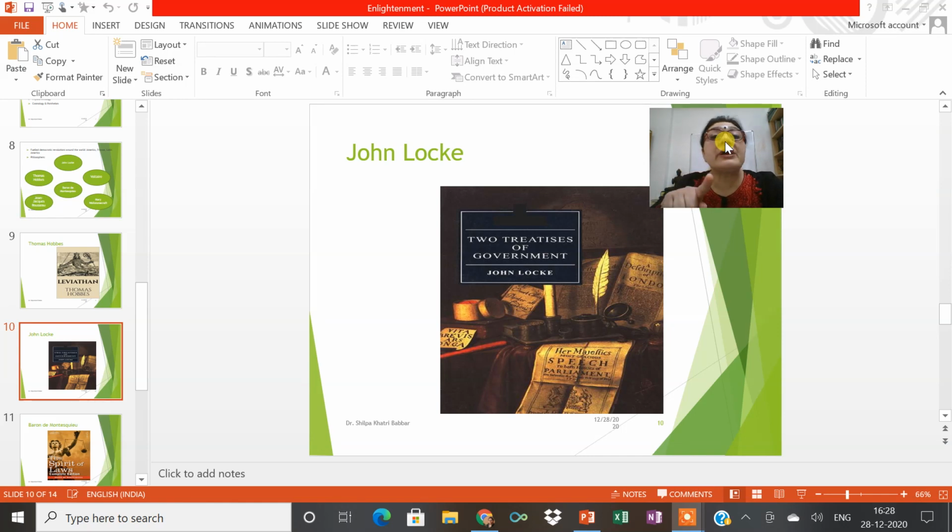And a government which fails to do so, and this is very important because this is in opposition to Hobbes' perspective, can be resisted and replaced with a new government.